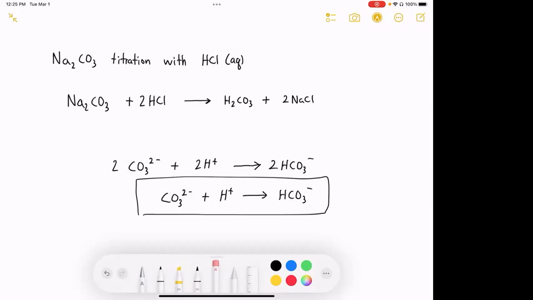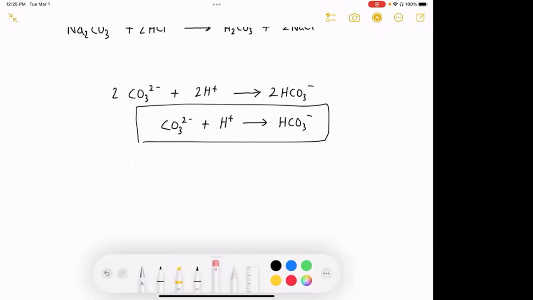But we have two reactions going on. We have this reaction forming bicarbonate, and then we have this reaction, HCO3 minus getting another equivalent of acid to give us H2CO3. So there's two reactions we have to look at.